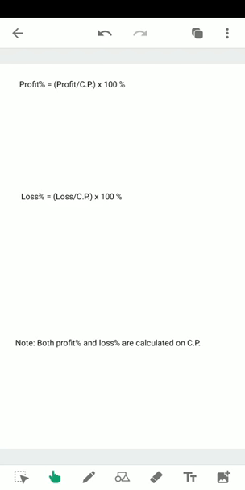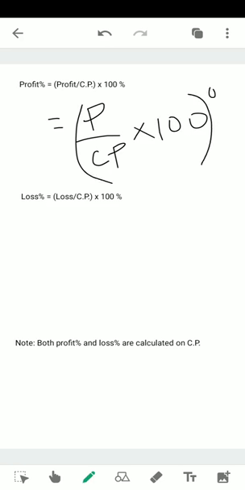If you see the formula of profit percentage, it reads something like profit percentage equals profit by CP into 100%, right? So in the previous case, what was our profit?